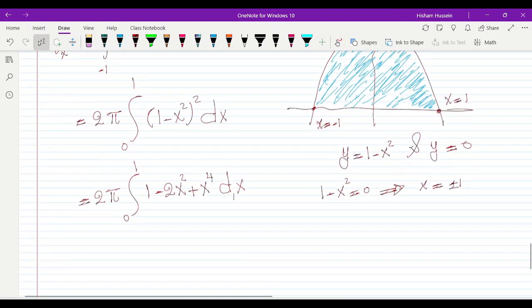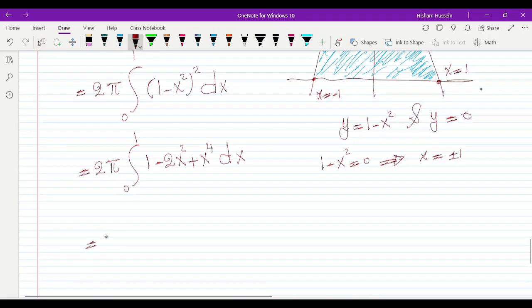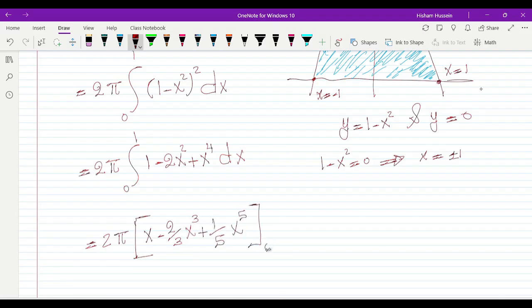For each term, raise the power by 1 and divide by the new power. It's 2 pi, the integration of 1 is x, minus 2 over 3 x to the power 3, plus 1 over 5 x to the power 5, with the limits from 0 to 1, equals 2 pi times 1 minus 2 over 3 plus 1 over 5.